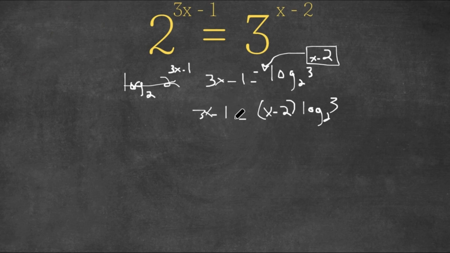minus 1. So now what we're going to do is we're going to distribute our log with subscript 2 of 3 to this x minus 2.